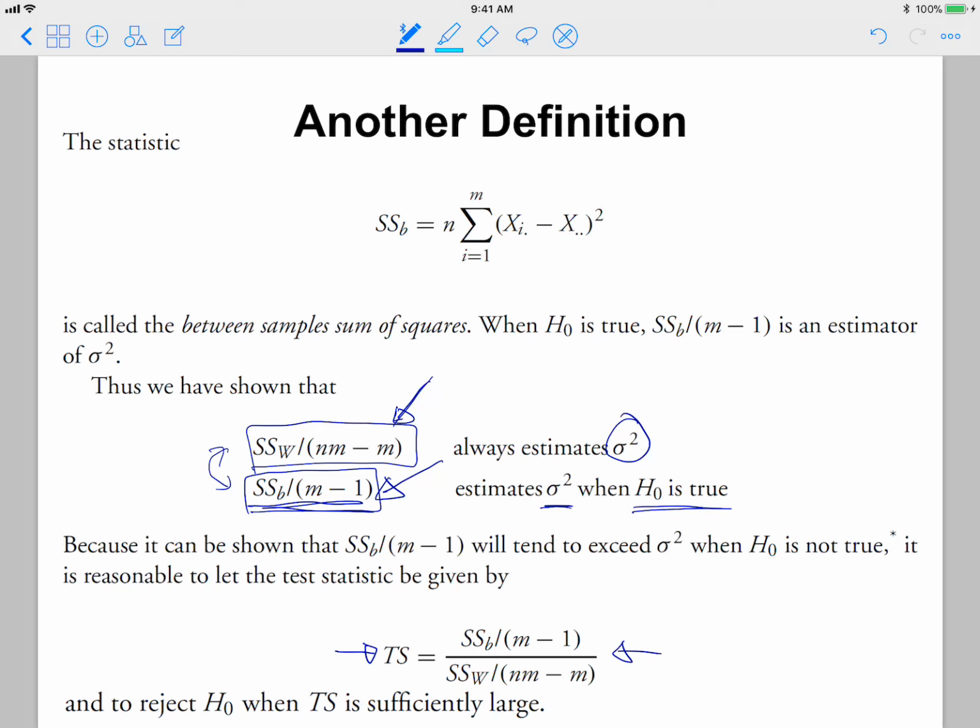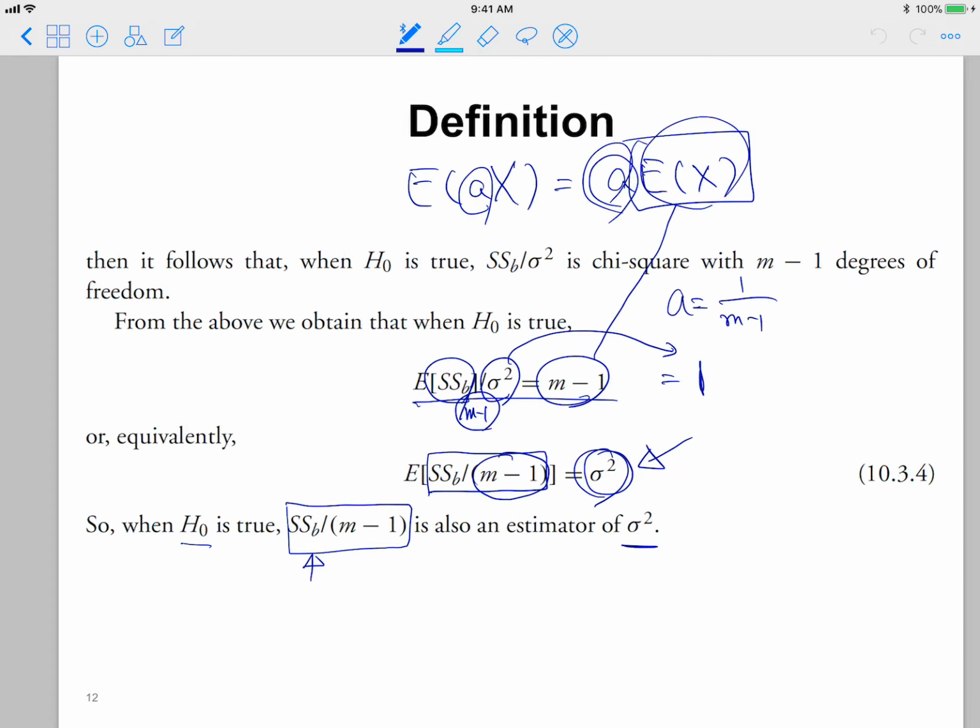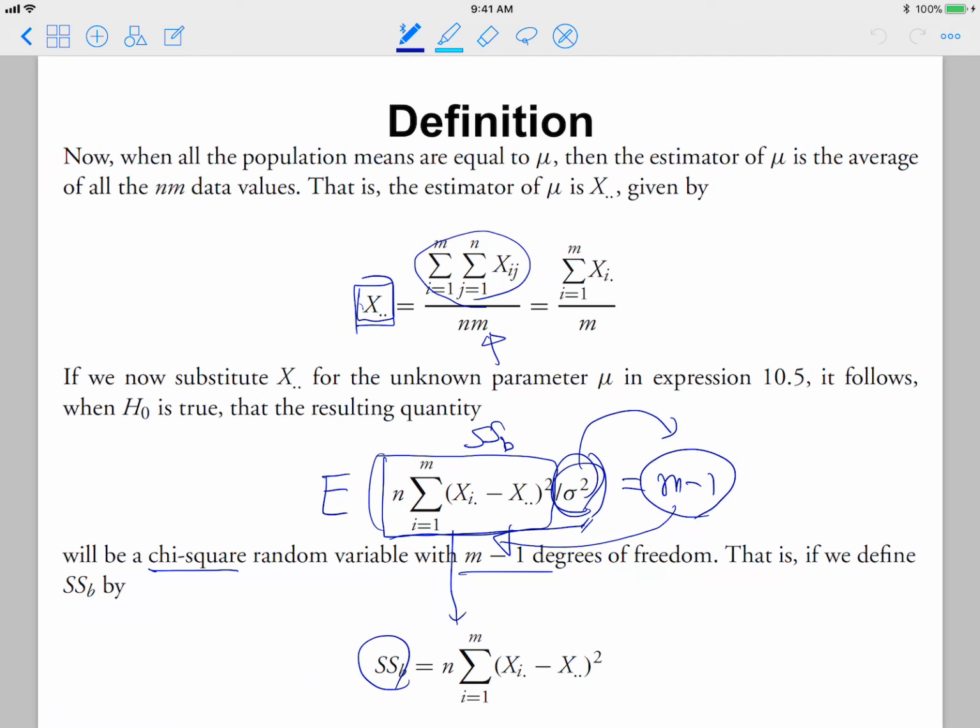Then suppose H naught, the null hypothesis, is not actually true, which means the different groups have different mean values, or true parameters mu i's.